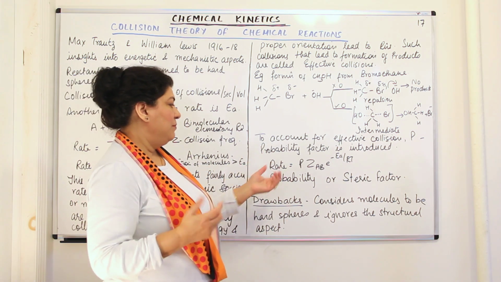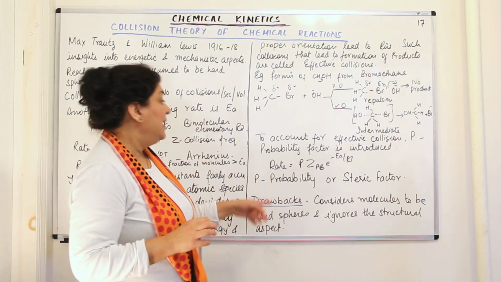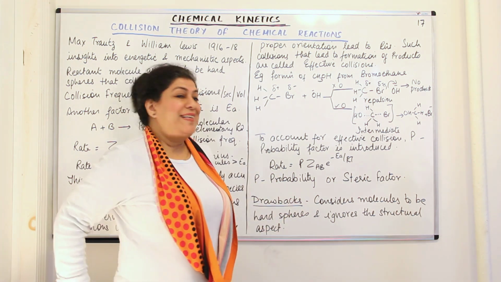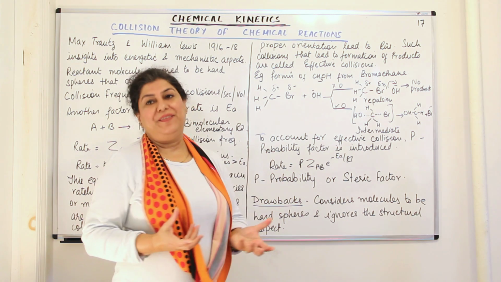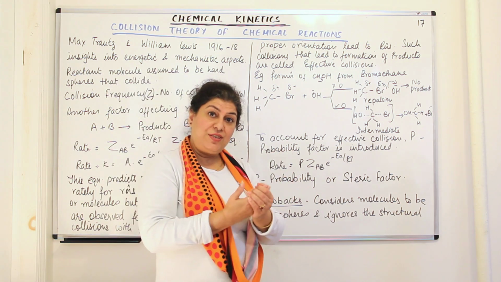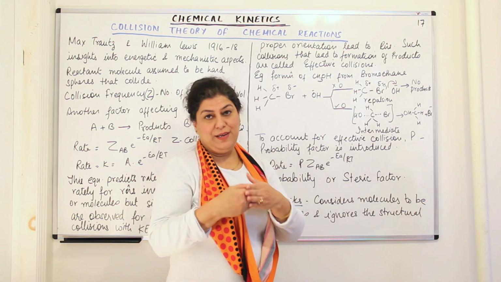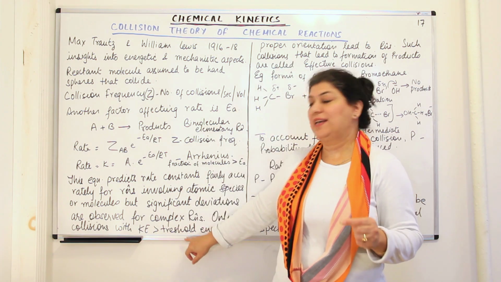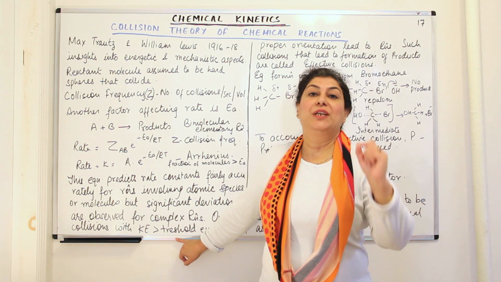So rate now becomes equal to P into ZAB e to the power of minus Ea/RT, where P is the probability or the steric factor. When you say steric, you're talking of the direction, the orientation. That not only is it the number of collisions and the energy of activation, it is the direction of the collision, and of course the basic requirement for any reaction would be that the reactants should have the minimum threshold energy.